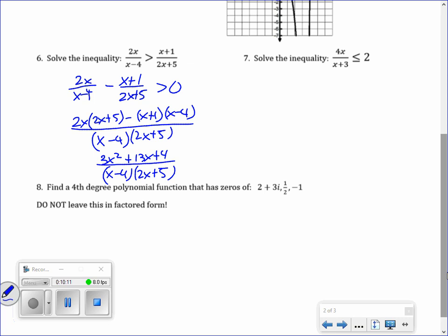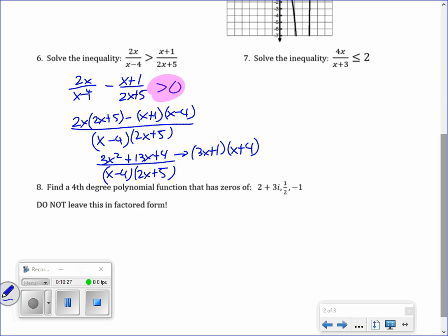All right, so I can see two of my critical numbers are 4 and negative 5 halves. But the numerator is going to factor into 3x plus 1 and x plus 4. Now remember, when I do my critical numbers, I want areas that are greater than 0.